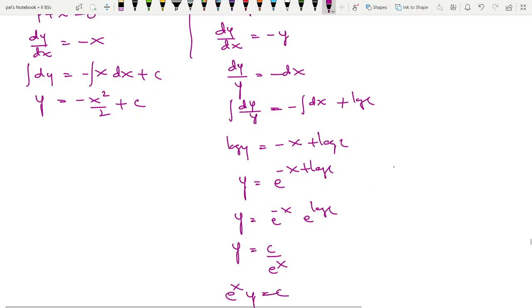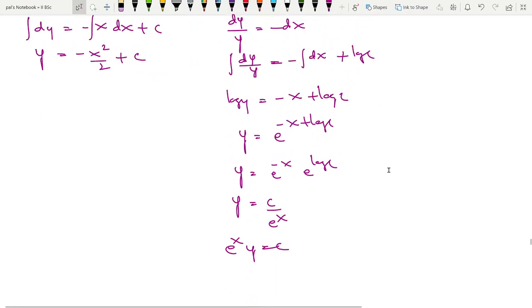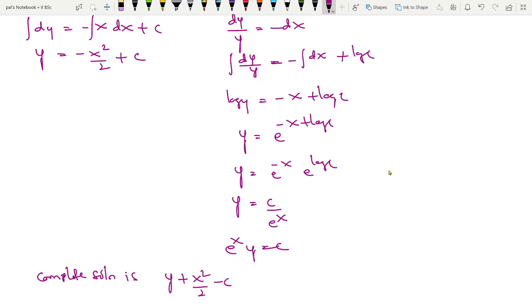So therefore the complete solution is y plus x square by 2 minus c. So you write c as plus c or minus c, no problem in it. So it is e to the power of x into (y minus c) is equal to c. That's all.